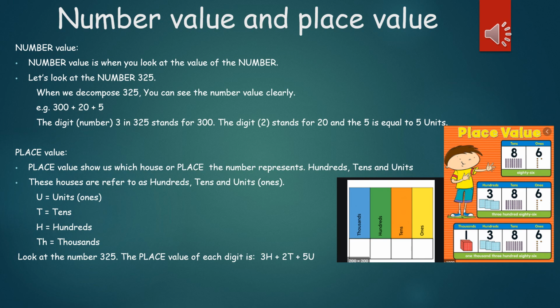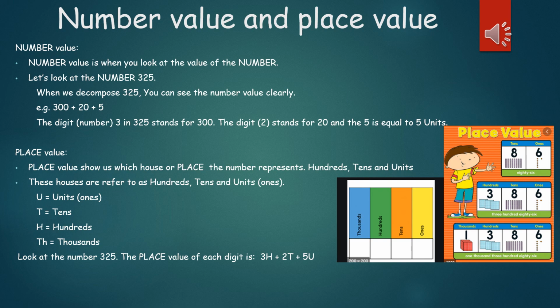For units you use U. For tens, you use a capital letter T, and for hundreds you use a capital letter H. For thousands, a capital letter T with a small h.